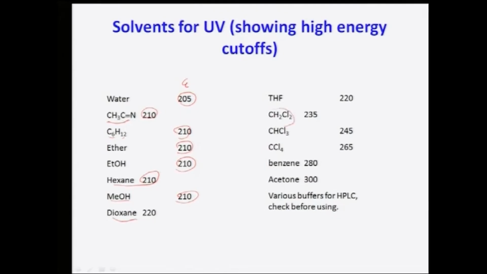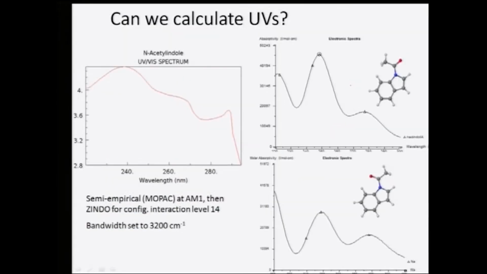Then you have CH2Cl2 235, CHCl3 245, carbon tetrachloride 265, benzene 280, acetone 300. These are the different energy cutoffs.